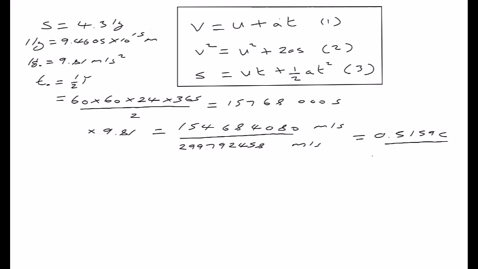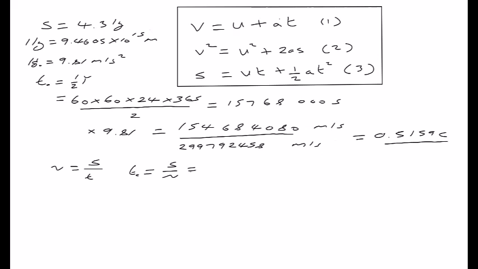So now we have a velocity and we have an acceleration time, which is half a year. So how long would it take for this spacecraft to get to the nearest stars? Well, we know that velocity is displacement over time. So time, which is our cruise time, is going to be displacement over our velocity.